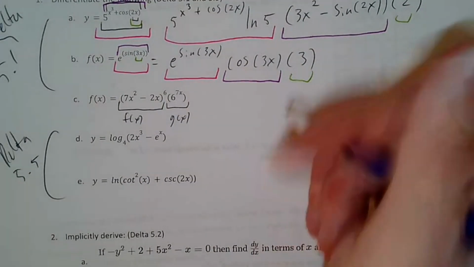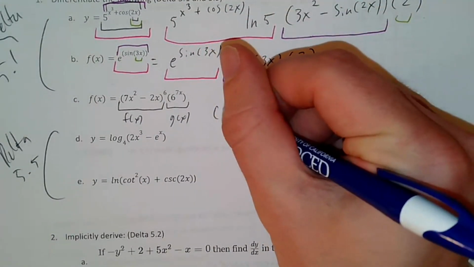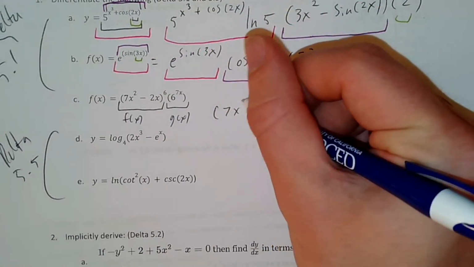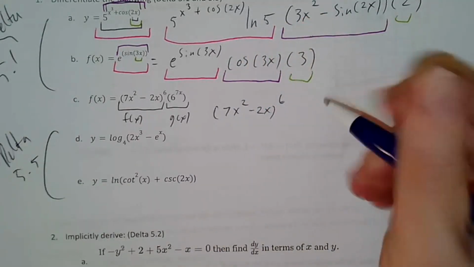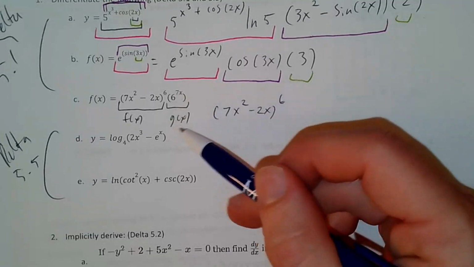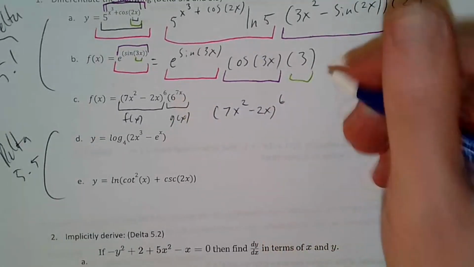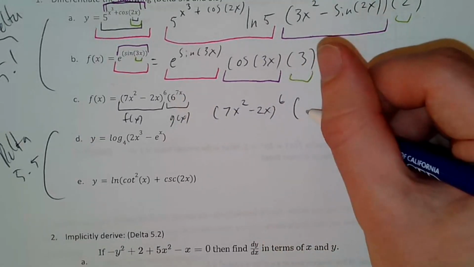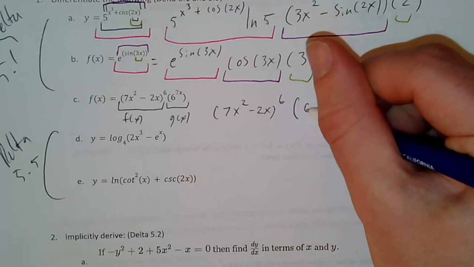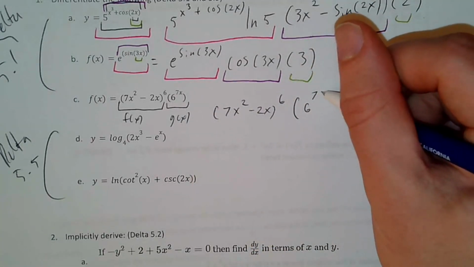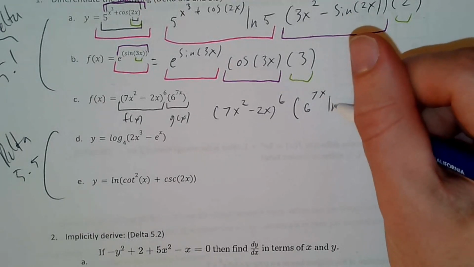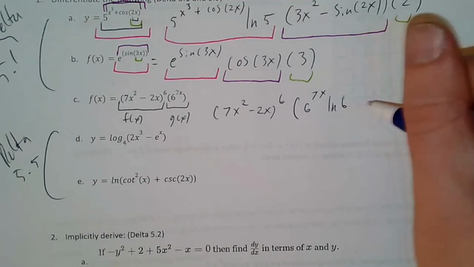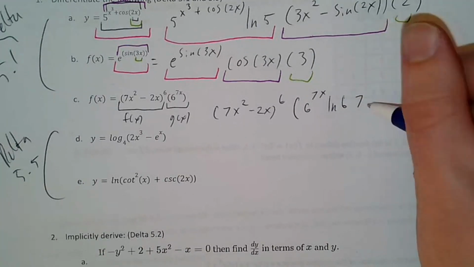So we have 7x squared minus 2x to the 6th. That's my f of x, times the derivative of g of x. The derivative of g of x here is a to the x, so it's 6 to the 7x times ln 6 times 7.